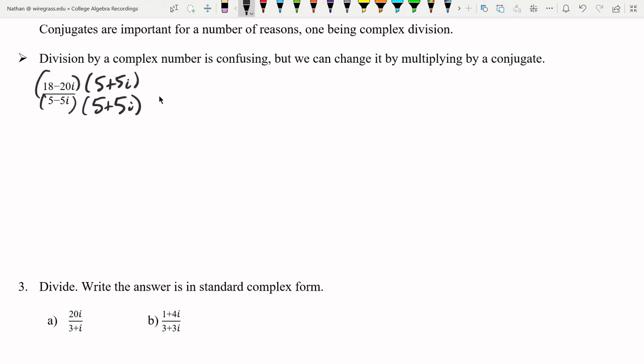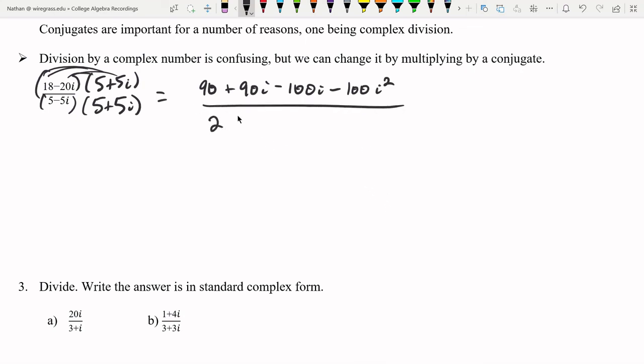Doing that, on the top we're going to distribute the 18 and the 20i through. That's going to give us 90 plus 90i minus 100i minus 100i squared.